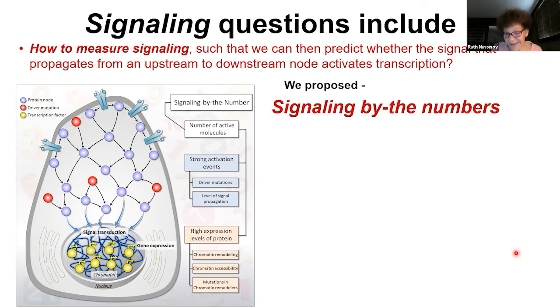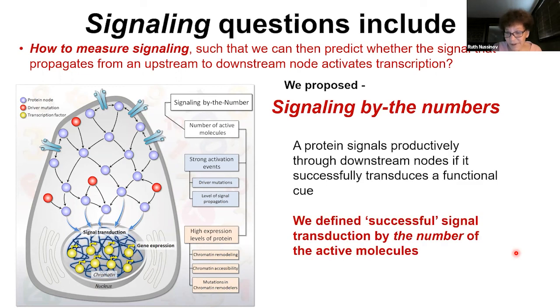And we suggested a signaling by numbers, where we looked at successful signal transduction by the number of active molecules, not just those activated by the protein, so it's the strength of the mutation, and the signal as it propagates downstream, which depends on the expression levels of the other proteins.